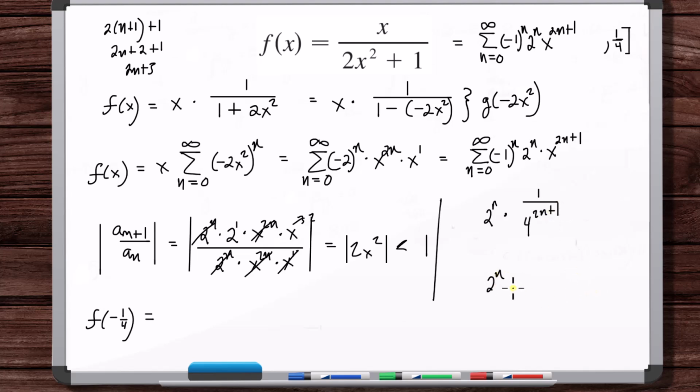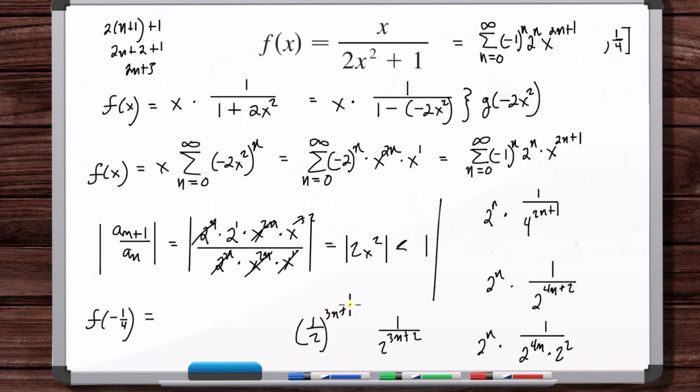That's 2 to the n times 2 to the 4n plus 2, so 2 to the n times 2 to the 4n times 2 squared. That's 1 over 2 to the 3n plus 2, that's 1/2 to the 3n plus 2, and then everything else is just minus 1 to the n. Absolute value, that's a geometric series, yeah, okay.